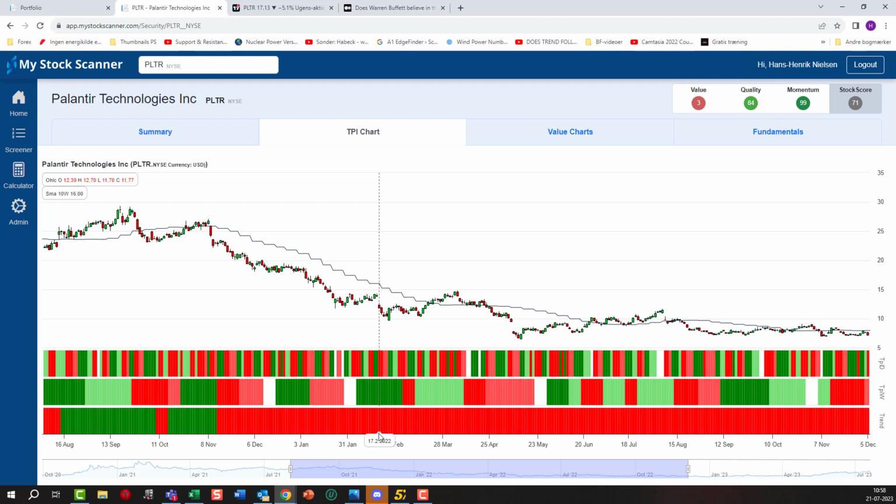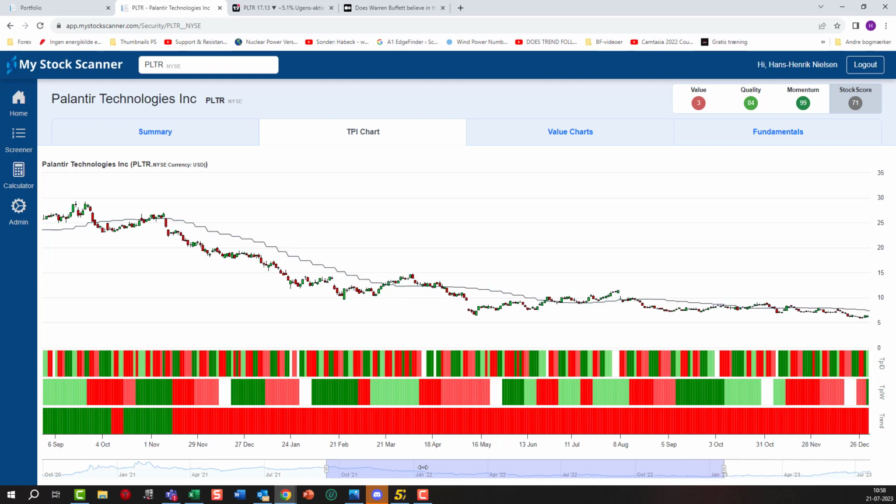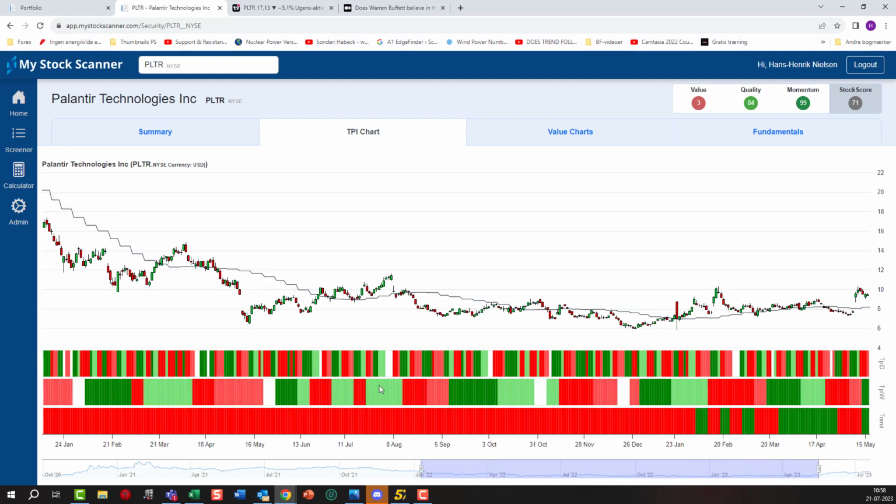I'm not saying that it can't go to the moon, but as you can see, the long-term trend went red here in November 21, and that was around just below the 25 mark here. And since then, as you can see, all through 22 here, it was actually in a dark red down here, meaning I was not allowed to touch it.